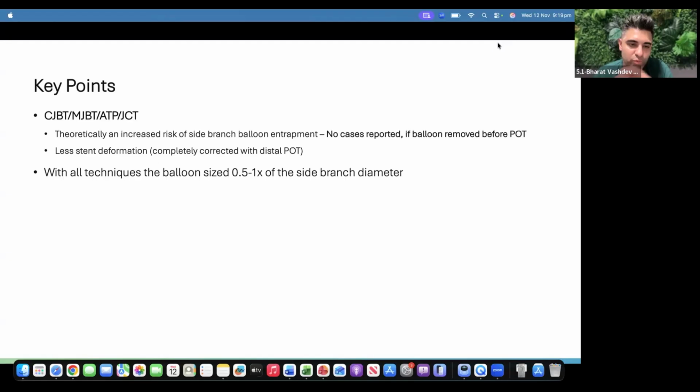Usually start off with a simple wire across, recross if you need to. If you get pinching of the side branch, recross, do the standard things of kissing balloon. If you do get dissection, you might need to learn your bailout strategies in terms of how to convert to a two-stent technique. What sort of bailout strategies do you have, whether it's a TAP or a culotte or a reverse crush.